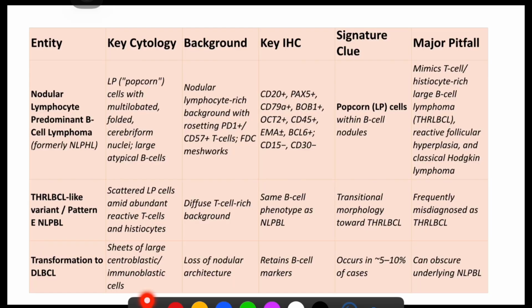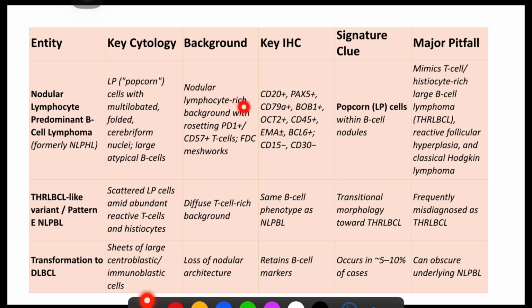So this NLPBL, formerly NLPHL, we have to differentiate from the variant pattern of THRLBCL and transformation to a diffuse large B cell pattern. Here the popcorn cells are seen, which are multilobated, folded, and cerebriform, with an atypical large B cell appearance.